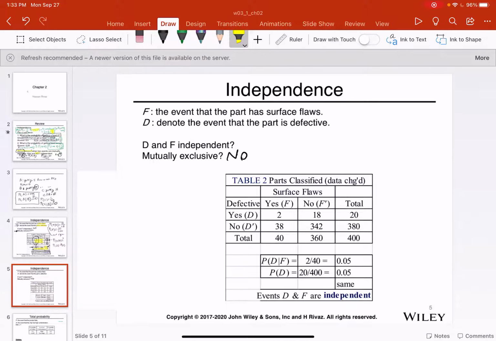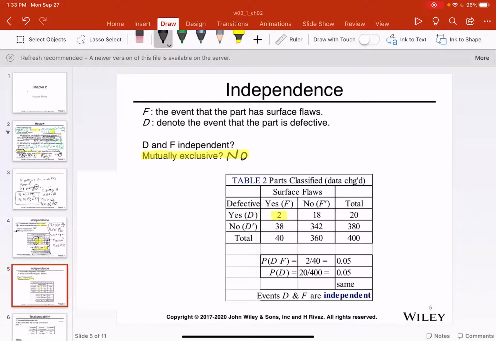So mutually exclusive, no, because D and F have an overlap. This is the overlap here. If this number was 0, then yes, they would be mutually exclusive. But this number is clearly not 0, it's 2. And because of that, this answer is no. Now let's answer the difficult part. Are D and F independent?